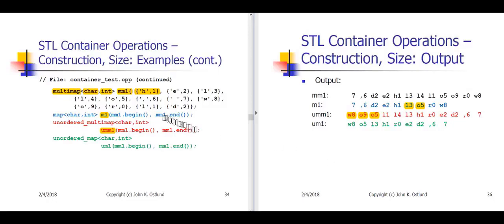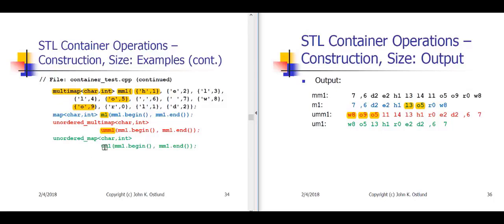Notice here that key O value 5 actually comes ahead of key O value 9 in the multimap MM1, but when we construct the unordered multimap UMM1 from MM1 and display it, the values come out in the reverse order for some reason. It's not predictable. You can't assume anything about the order in which these key value pairs are going to be displayed.